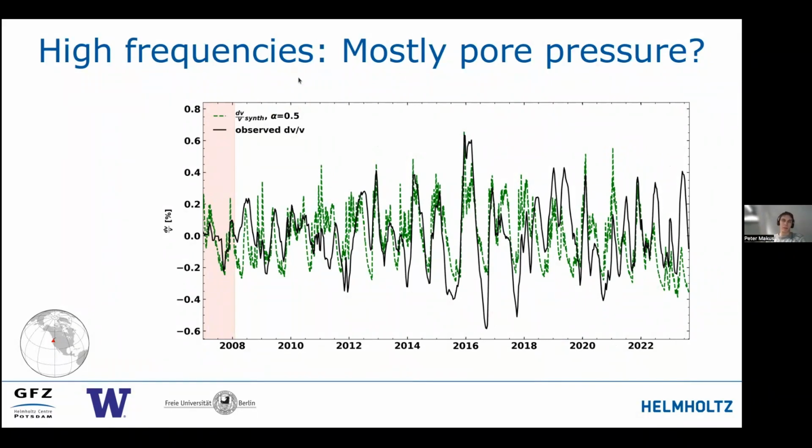And I try to quantify where these velocity changes are coming from. And I again did this by modeling. So this is a bit more of an advanced model than what I used in Kamchatka, and we have a longer time series. Also, it's going to be a bit more complex.